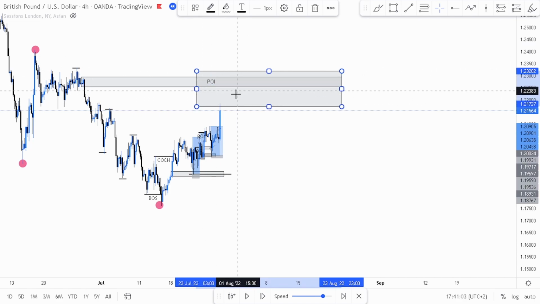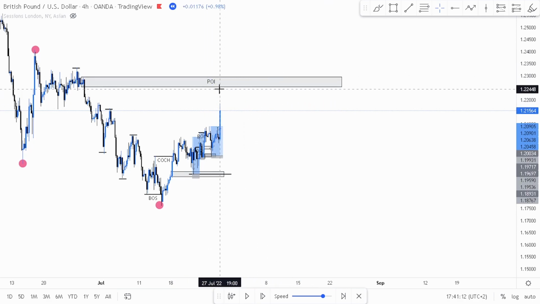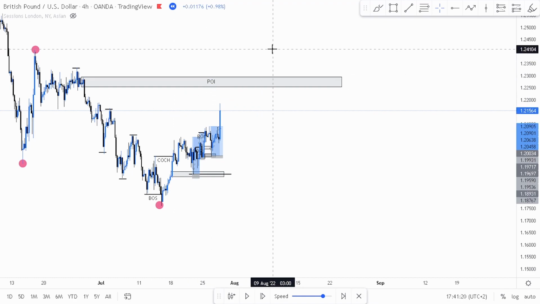Once you get to these levels over here, institutional order flow allows you to understand the fact that once we get to these levels, we start looking at price shifting trend, from a bullish trend now going into a bearish trend.